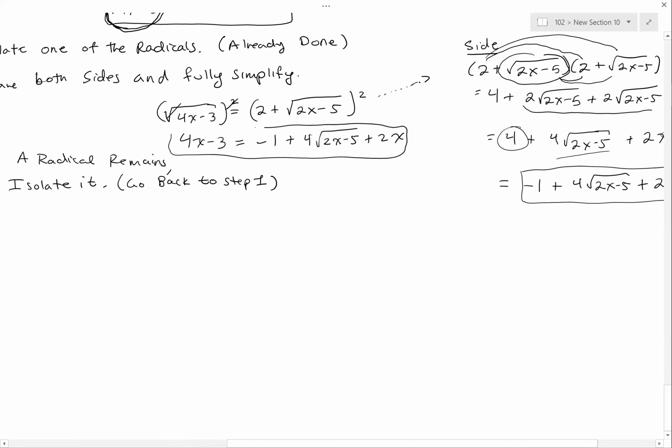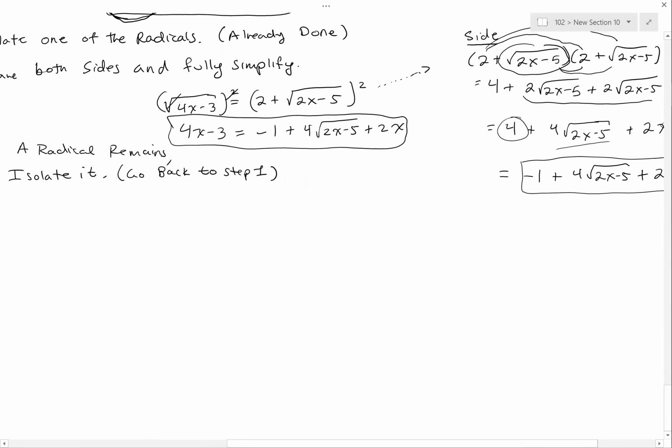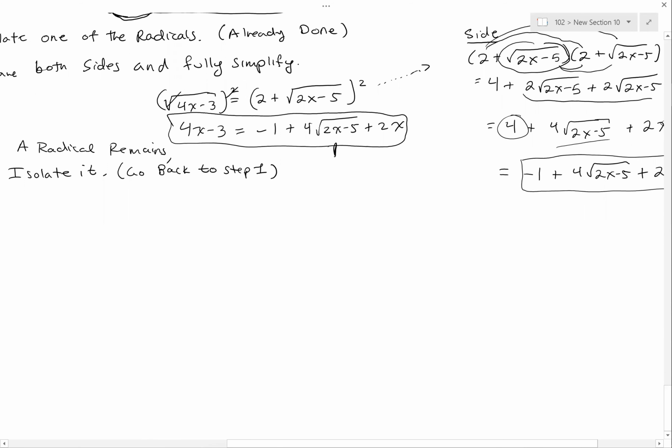So looking at what we had previously, a radical does remain. So let me recopy what we have. I want to isolate this radical.